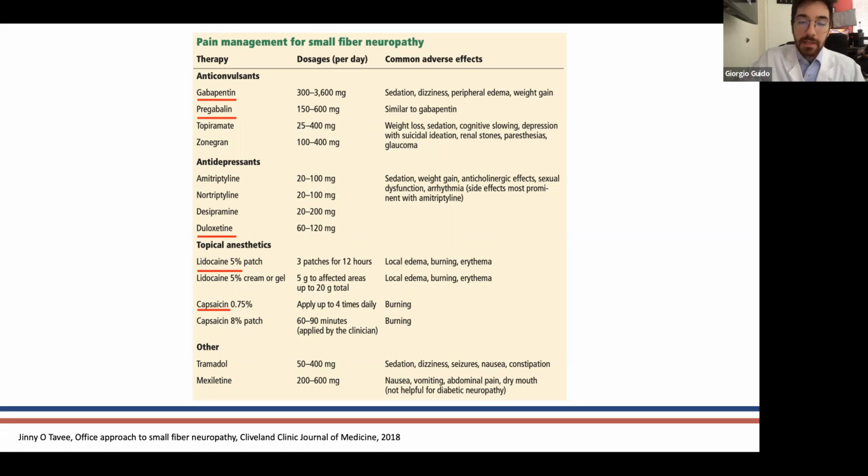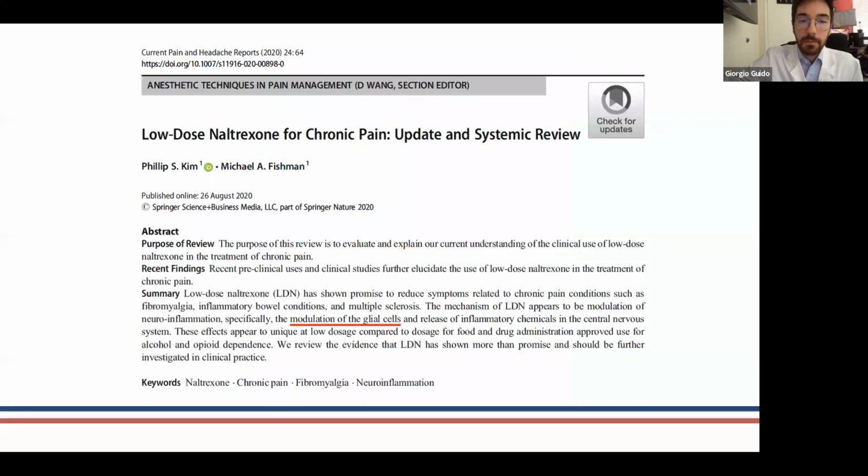I now will present one idea that we had in the study that we are pursuing with Dr. Bernard. There's been evidence that low-dose naltrexone is useful in chronic pain syndrome. For example, it has been used in fibromyalgia. It has been used with success also in multiple sclerosis and inflammatory bowel conditions. So my idea was to try to use low-dose naltrexone in patients with small fiber neuropathy.